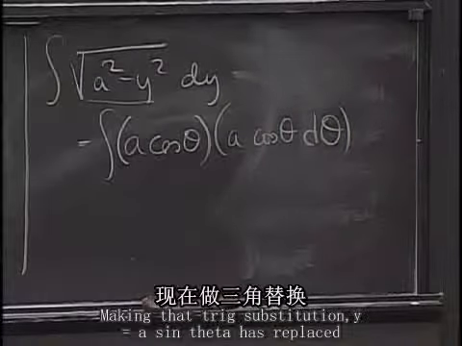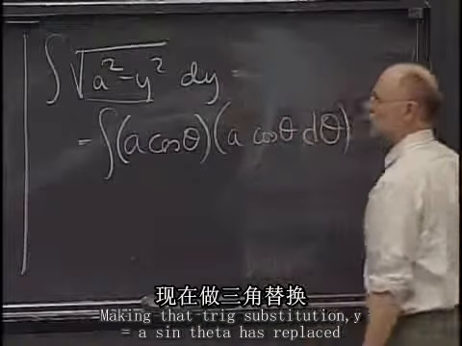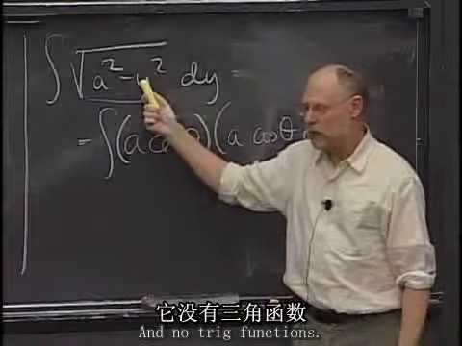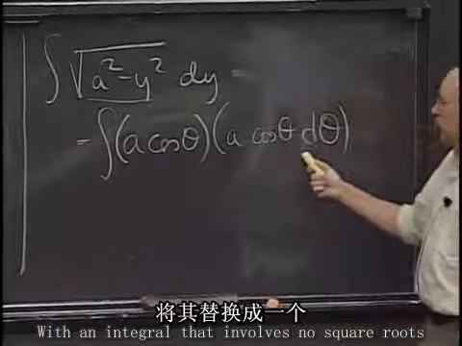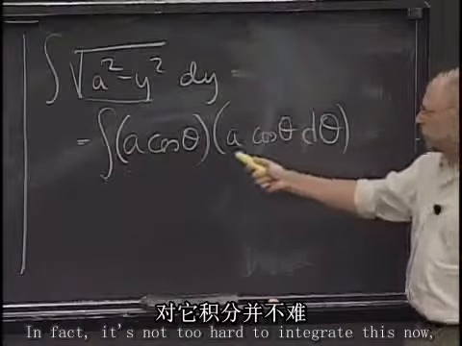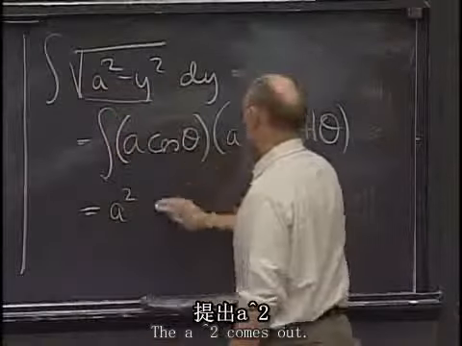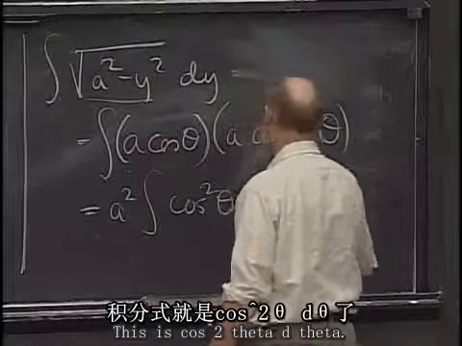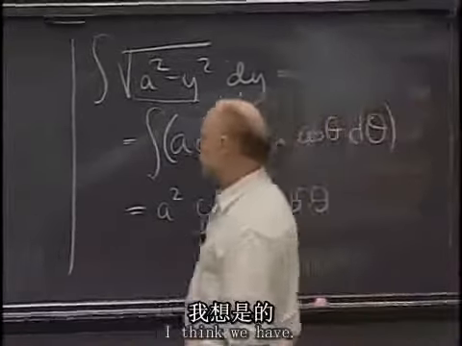Okay, making that trig substitution, y equals a sine theta, has replaced this integral that has a square root in it and no trig functions with an integral that involves no square roots and only trig functions. In fact, it's not too hard to integrate this now because of the work that we've done. The a squared comes out. This is cosine squared theta d theta. And maybe we've done that example already today. I think we have.